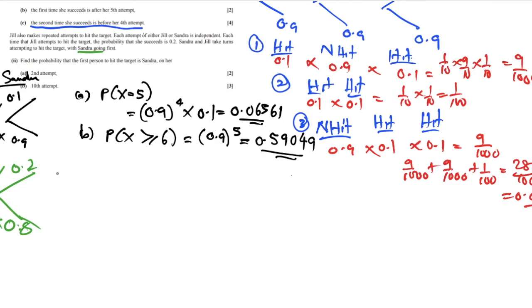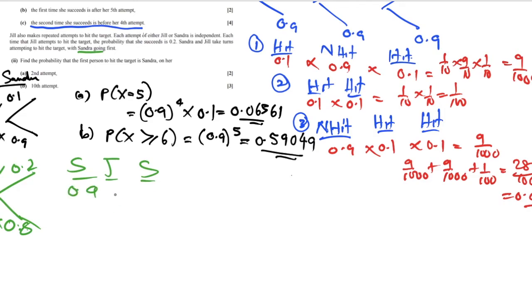Okay, so if Sandra is going first, I'm going to put S, followed by J, and then S. Okay, SJS. So the first person to hit the target is Sandra. So Jill is not going to hit the target, but let's look at the possibilities. Since she's the first person to hit the target on a second attempt, on her first attempt she is not succeeding, so that should be 0.9.